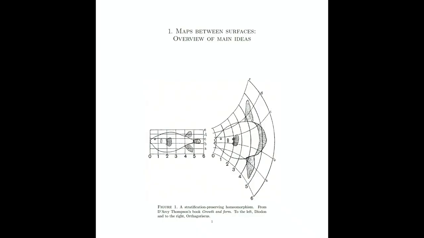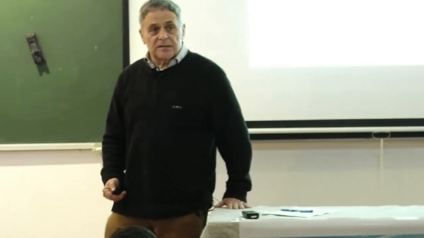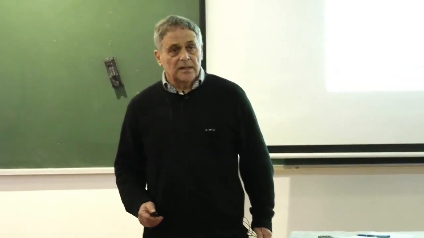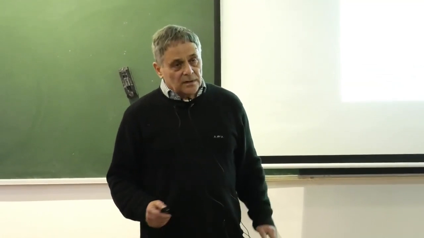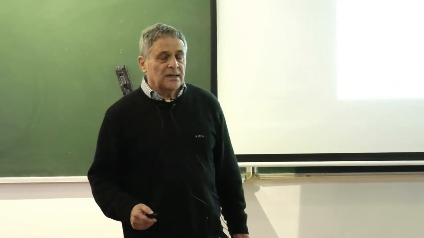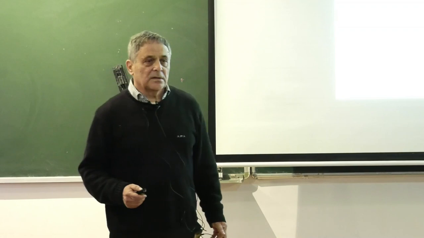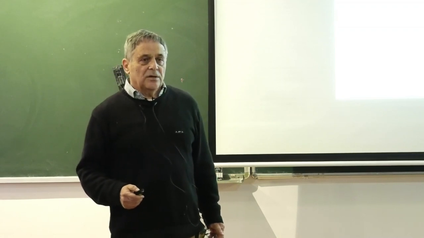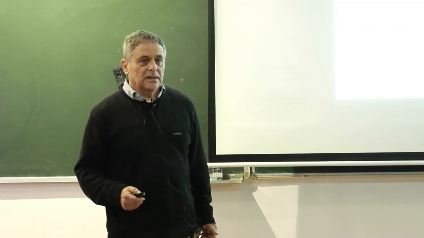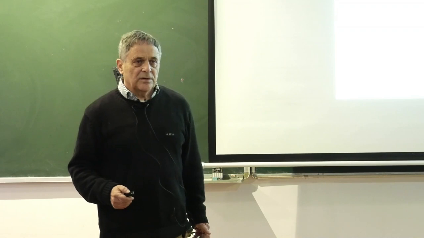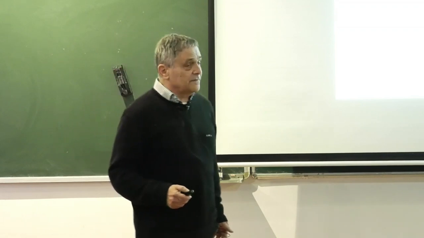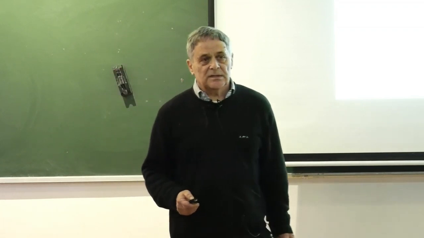This is a great French mathematician of the 20th century who got the Fields Medal, mainly for his work on topology. But he also worked on biology, and he invented this theory, which you might have heard of, called catastrophe theory.